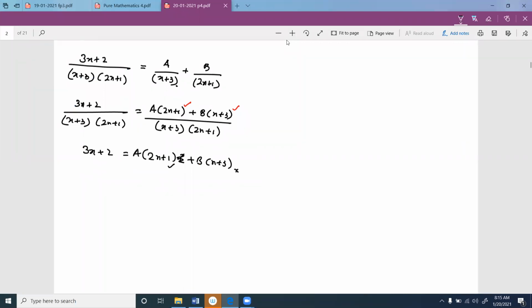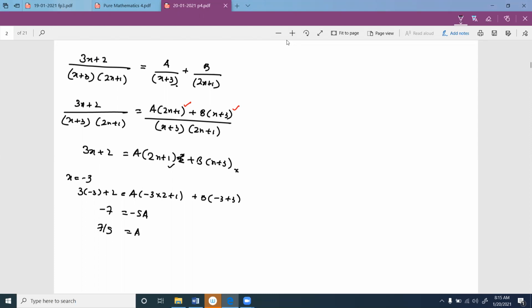Then I can just substitute x equals minus 3. Then see, 3 times minus 3 plus 2 is equal to a times (2 times minus 3 plus 1) plus b times (minus 3 plus 3). So this turns into 0 and cancels off. 9 minus 2, which is minus 7, is equal to minus 6 plus 1, which is minus 5a. Therefore, a is equal to 7 over 5, right?